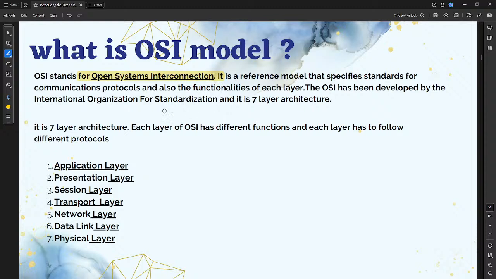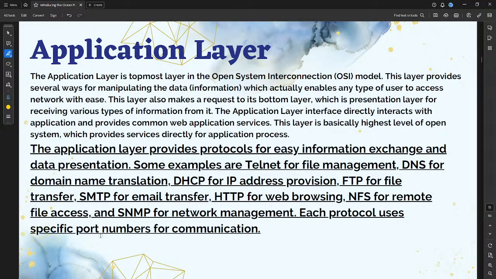Now, what are the different layers and how do they function? We have the application layer, the presentation layer, the session layer, the transport layer, network layer, and then data link layer, and physical layer. All these layers have their different roles. Follow me and just get the point.